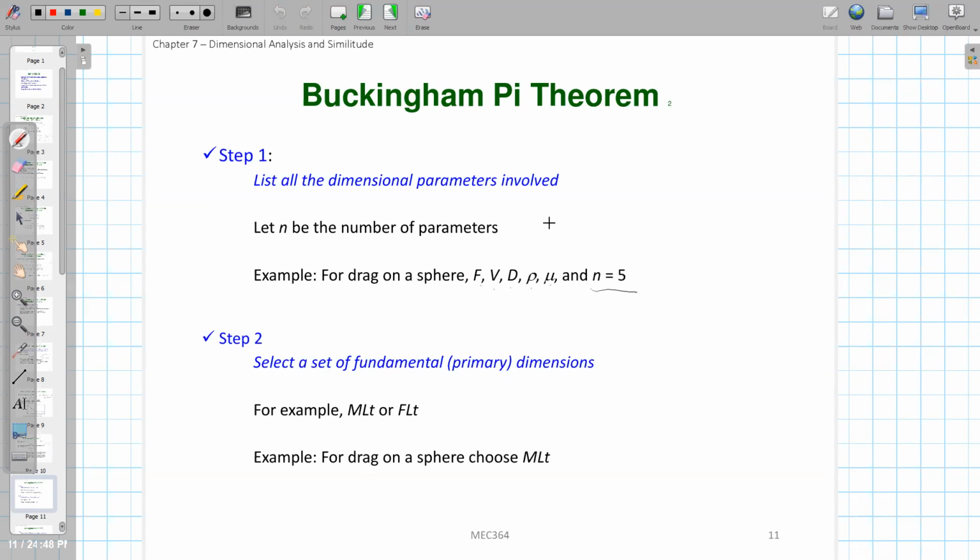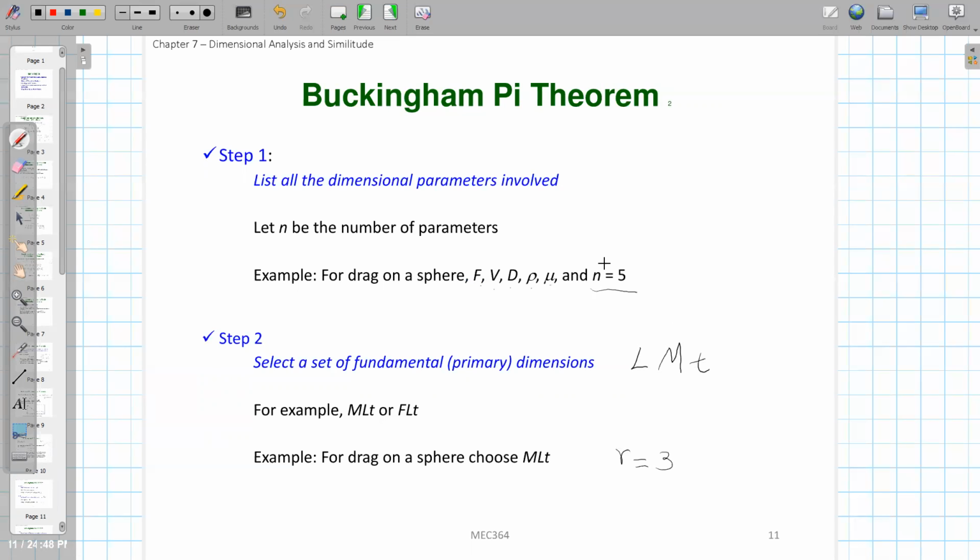So we only have 3 fundamental dimensions: L, M, and T, length, mass, and time. So for this problem, r equal to 3, right? We find 3 fundamental dimensions, and we call these primary dimensions.